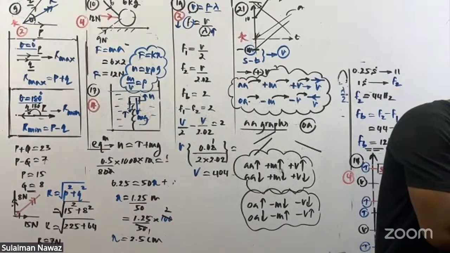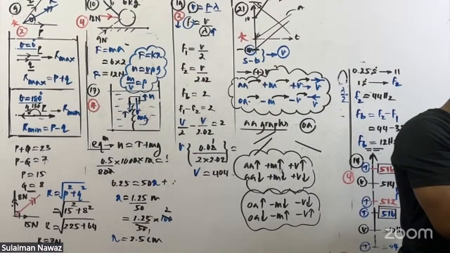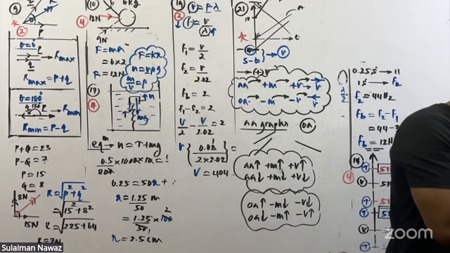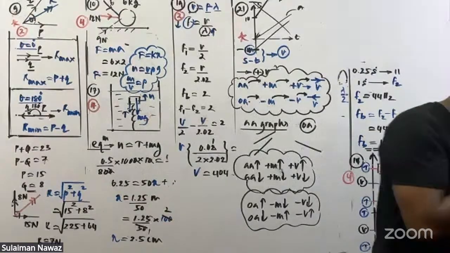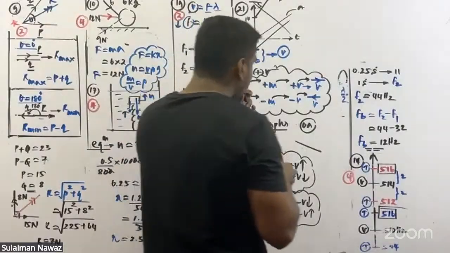The answer is A okay, D okay, B okay. Look at C. When you compare C and D, options 4 and 5, the answer is 5. You know why?